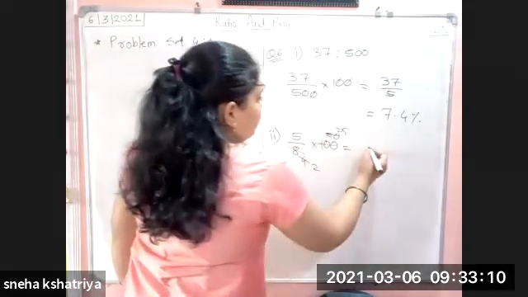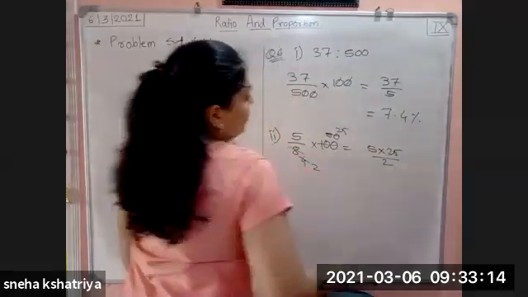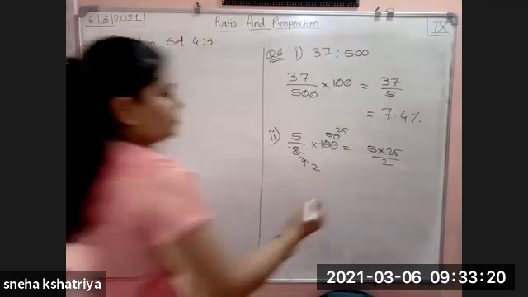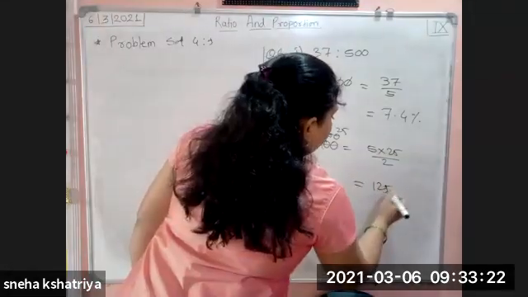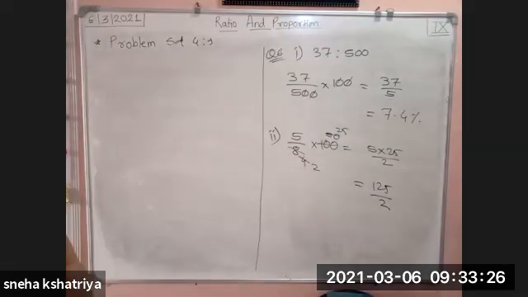So 5 multiplied by 25 divided by 2. Again 25 times 5 is 125 divided by 2. So here it will become 125 divided by 2. This can be solved. This gets the value 62.5.